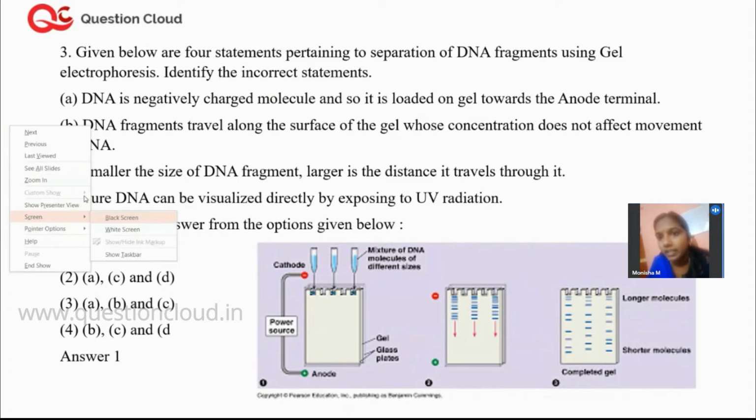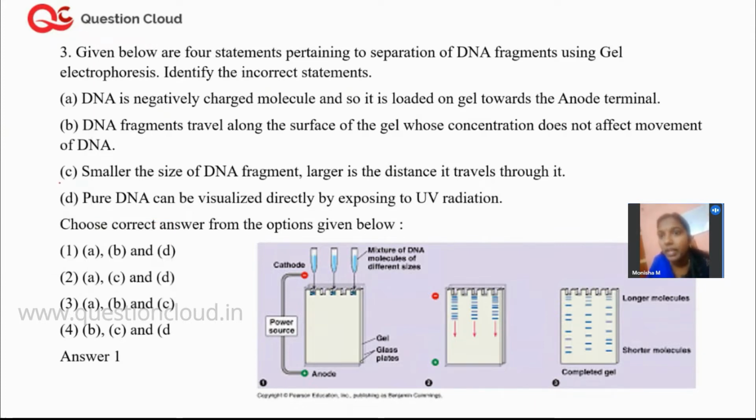Now let us read the next one. It says: DNA fragments travel along the surface of a gel whose concentration does not affect the movement of DNA. This technology of separating DNA is absolutely based on molecular weight, so it does not have anything to do with the concentration.